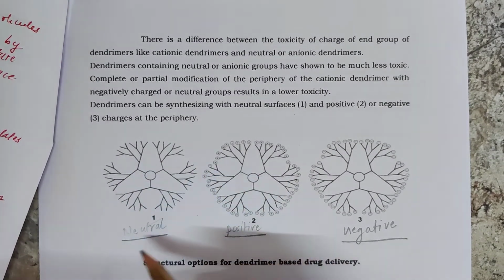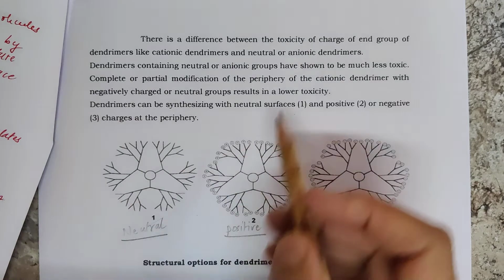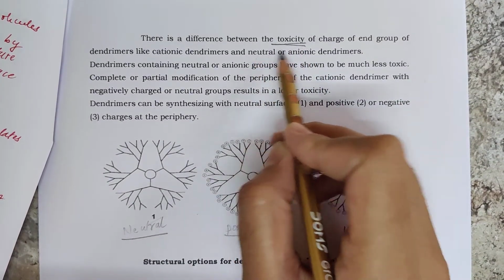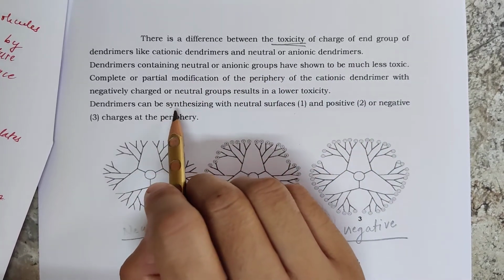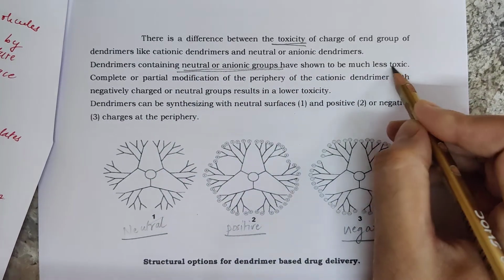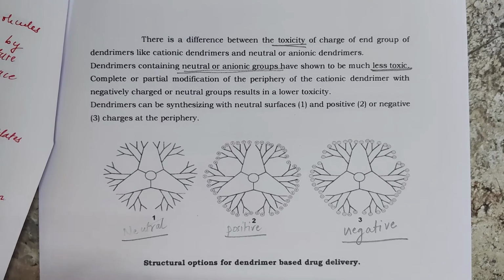But they also found that there is a difference in toxicity of neutral, cationic, and anionic dendrimers. Neutral and anionic dendrimers have less toxicity than the cationic dendrimers.